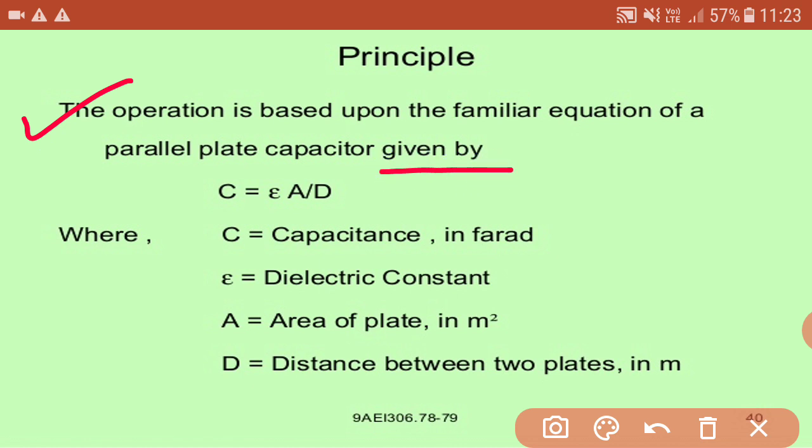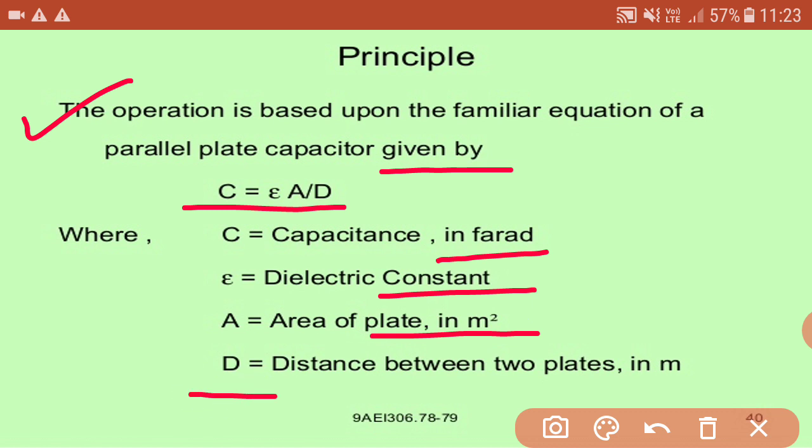We know the equation of a parallel plate capacitor is C = epsilon A / D, where C is capacitance and its unit is farad, epsilon is the dielectric constant, capital A is the area of the plate, and the unit of area is meter square, and capital D is the distance between the two plates in meter. So these are the parameters included in this well-known equation, C = epsilon A / D.